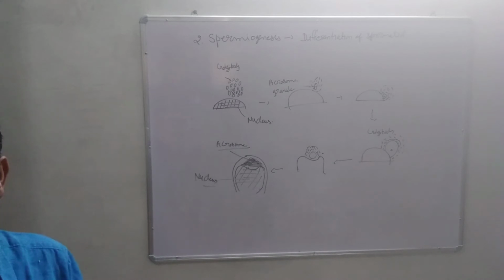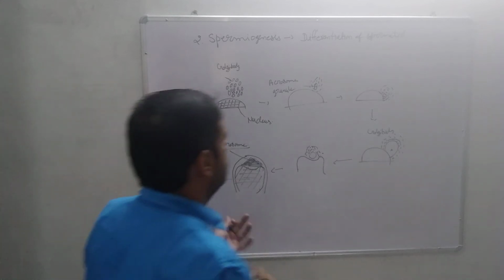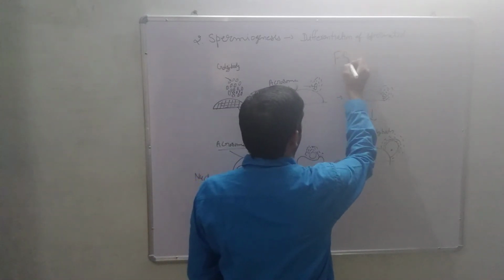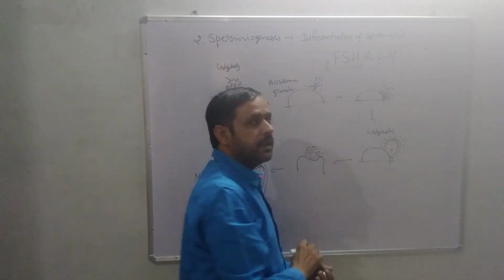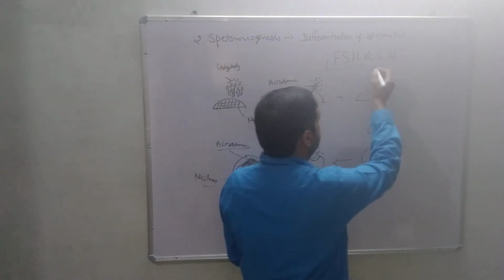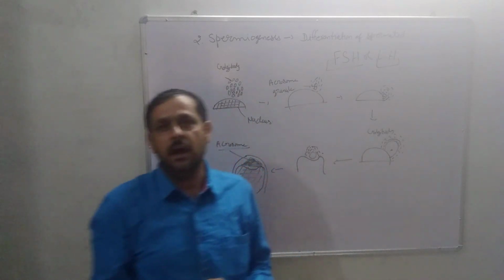The formation of sperm in animals depends upon temperature, hormonal and mental status, and hormones secreted by the anterior lobe of the pituitary gland. That is, we discuss first FSH and LH. FSH means follicle stimulating hormone and LH is luteinizing hormone.